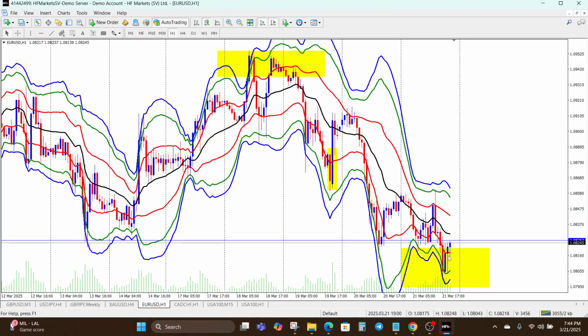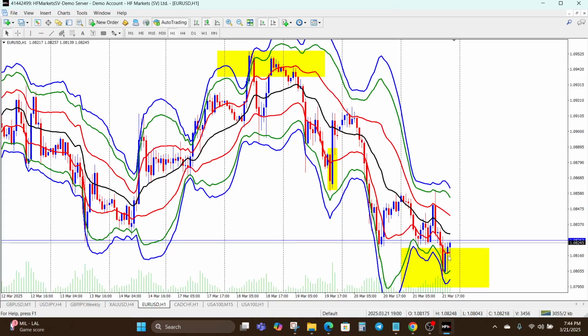You can look for any you can find, whether it's a hammer, a pin bar or bullish engulfing. That's going to give you your buy signal, but just ensure that you get a bullish candlestick pattern.